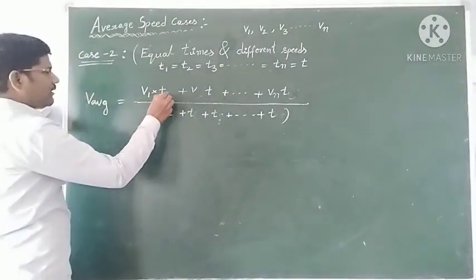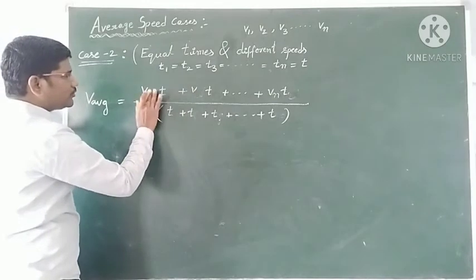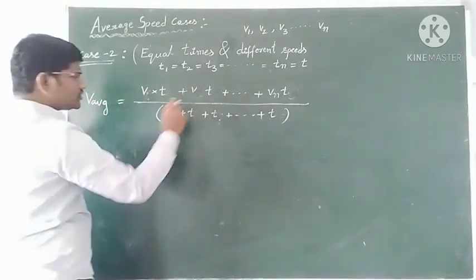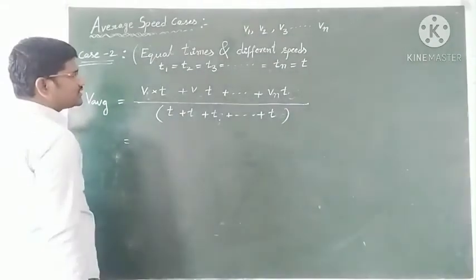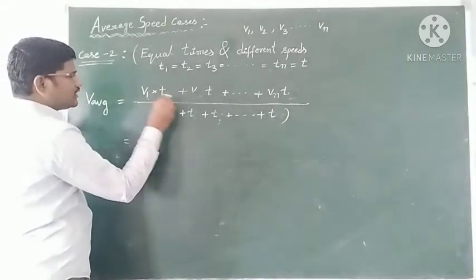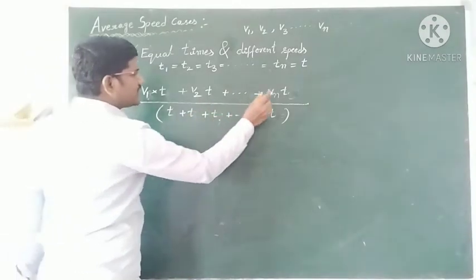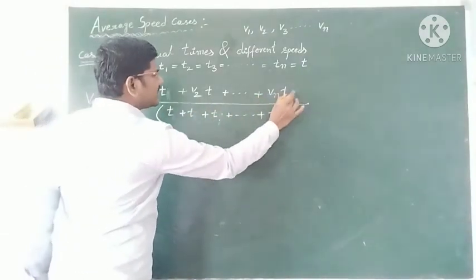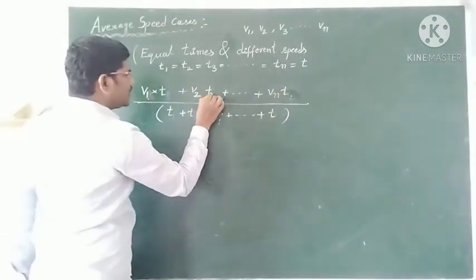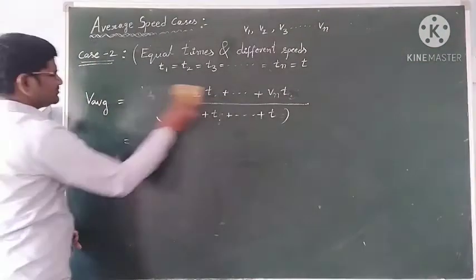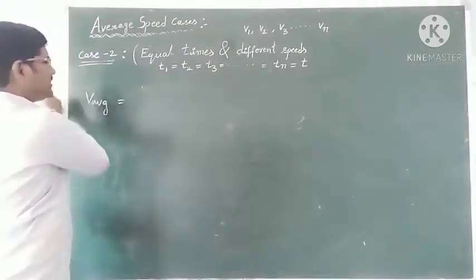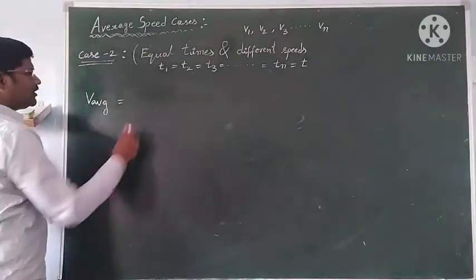Then our formula V1 T1, V2 T2. So the formula will change like this. Now here you take V1 into T1, V2 into T2 plus Vn into Tn. Tn is T, T2 also T. So with the formula we know, you see students.